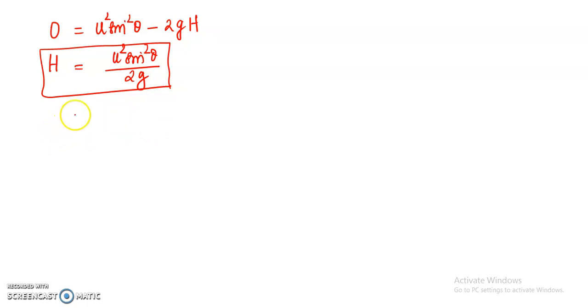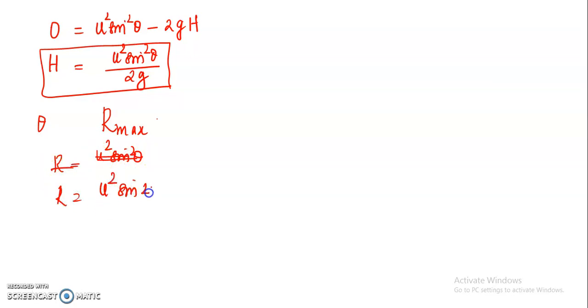Now we can calculate another important parameter, that is the angle at which we need to project so that the projectile attains maximum horizontal range. We have the equation for horizontal range as R equal to u square sin 2 theta divided by g.